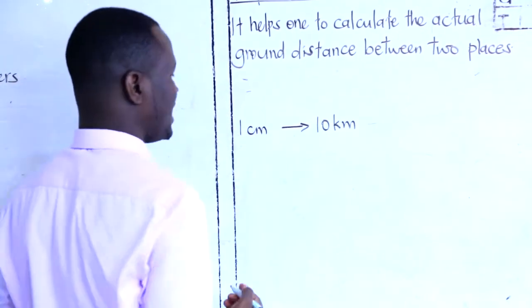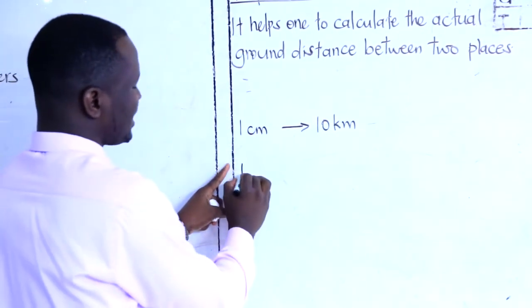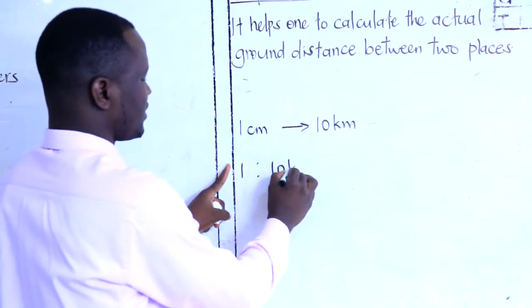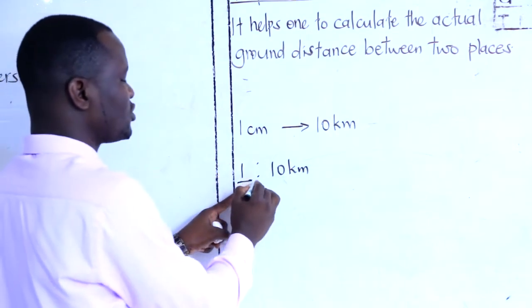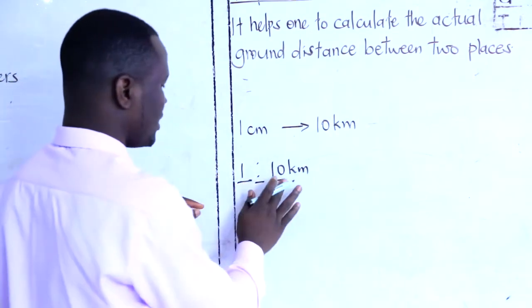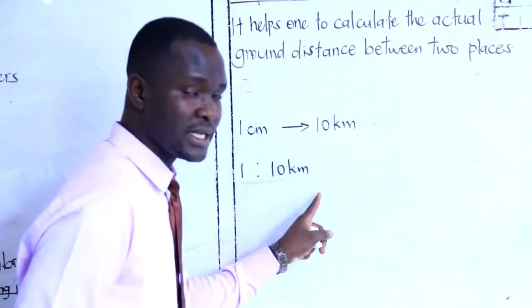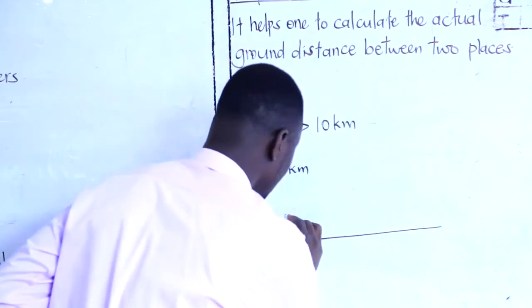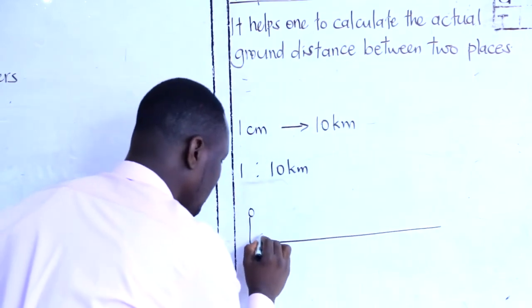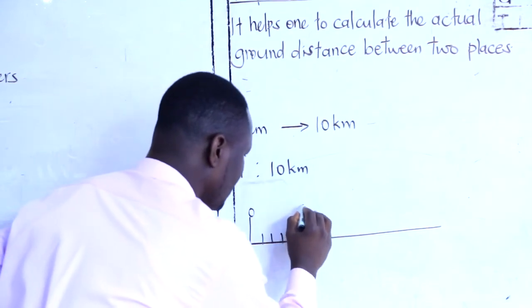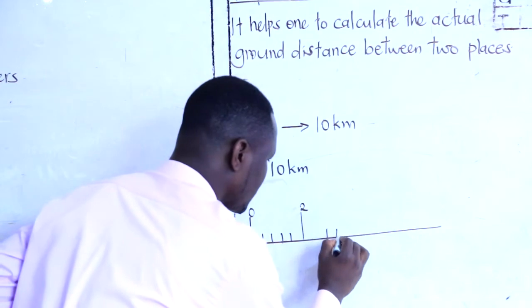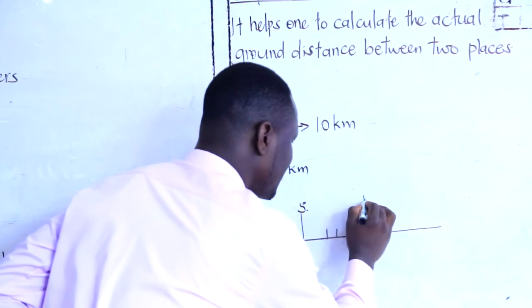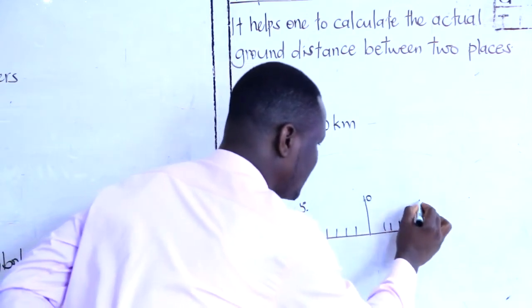Sometimes they can show it like 1 to 10, which means 1 centimeter to 10 kilometers, meaning that 1 centimeter represents 10 what? Kilometers. Or they can represent it in the linear form, in the line form. 0, maybe 2, let's say this is 5, then this is 10, this is 15.